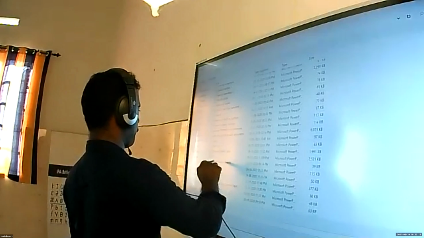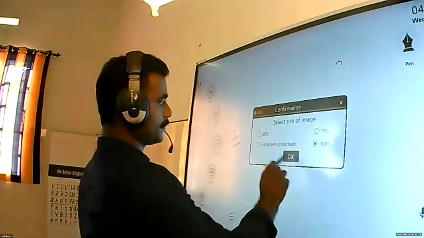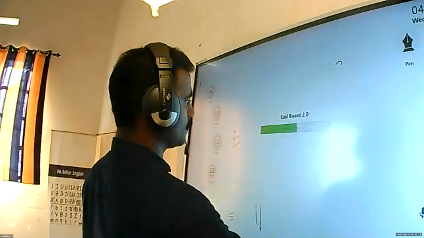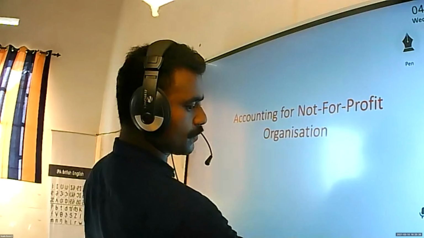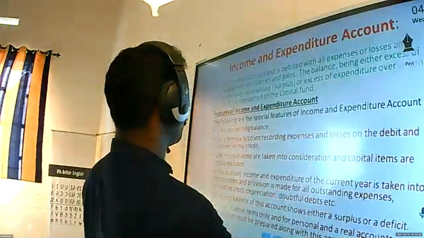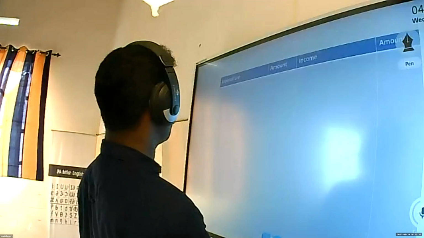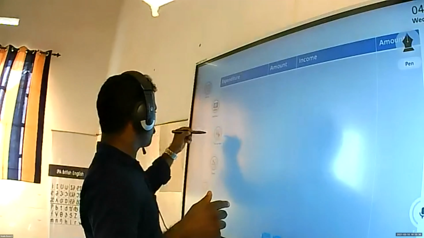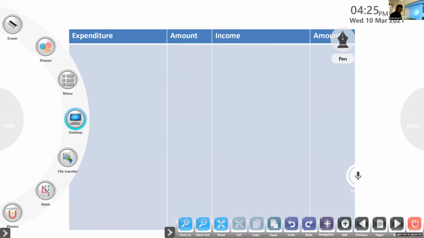In that, the receipt and payment account is given, and the opening balance sheet is also given. So here you look at that.